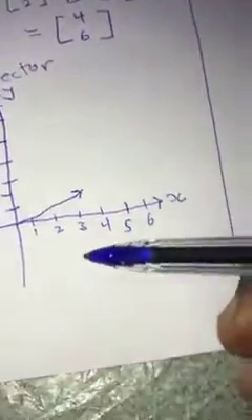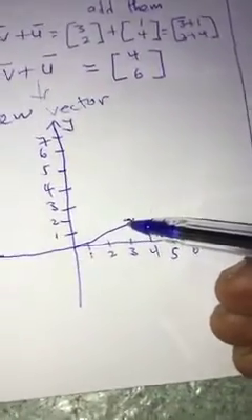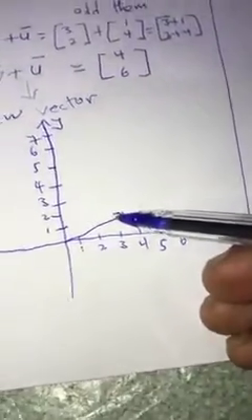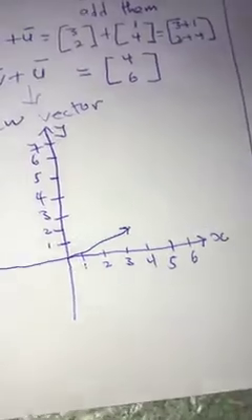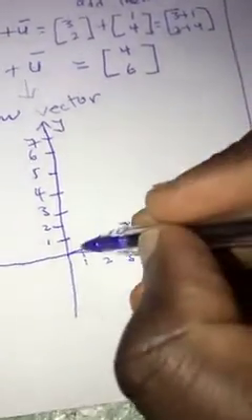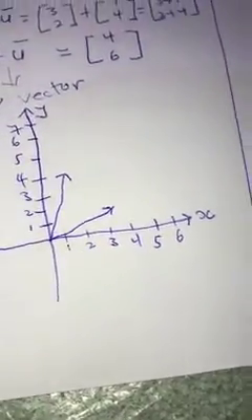So here you can see that 3 is our X, and 2 is our Y, isn't it? Now let's go to vector U. Vector U is 1, 4. So most definitely this is how we are going to go by it, isn't it? Very good.